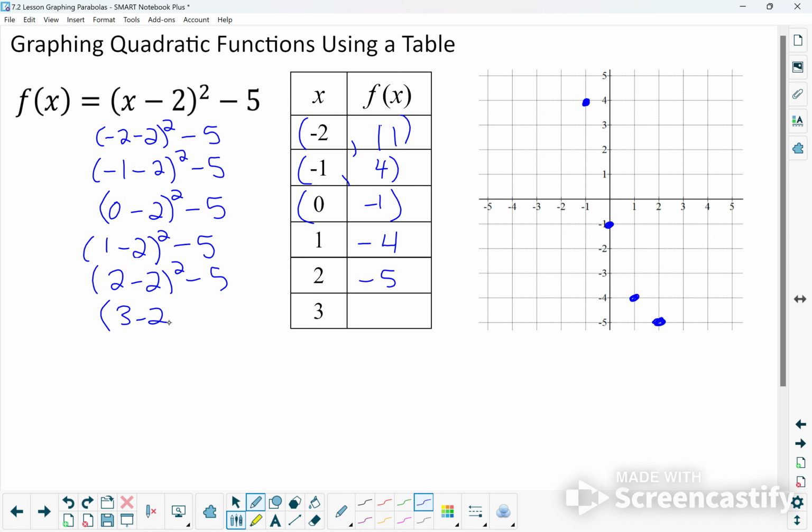And 3 minus 2 squared minus 5 gets us back to -4. Then let's add 4 to our table and sub in 4. 4 minus 2 squared minus 5 is -1. So we've got one more point here. You can see we have that same parabola shape. If we subbed in 5, we would get 4 again. So we've got this parabola shape.